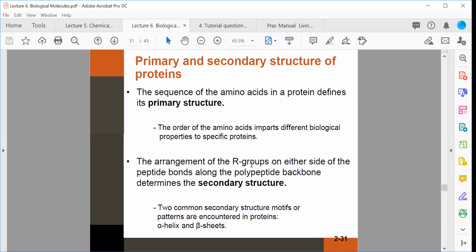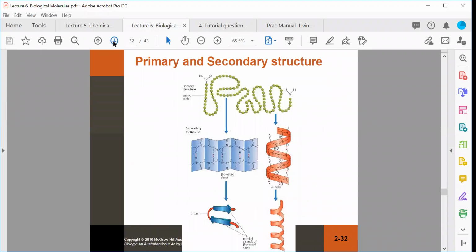That arrangement of those different R groups along that chain will determine different structural patterns or structural motifs that start to form within that newly formed protein, or what will become a protein. Two of the most common patterns or motifs seen are called the alpha helix and the beta sheet, or beta pleated sheet. And we can look at that here.